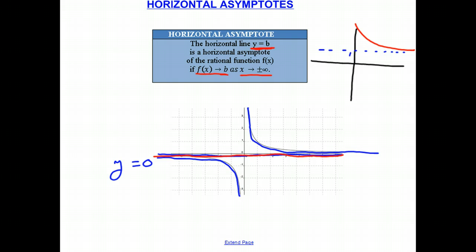Therefore, that line y equals 1 is also an asymptote. Now, we need to learn about these horizontal asymptotes for rational functions because we're leading towards graphing rational functions. And in order to graph them, we have to know if they have any horizontal asymptotes or not. So let's go to the next board.